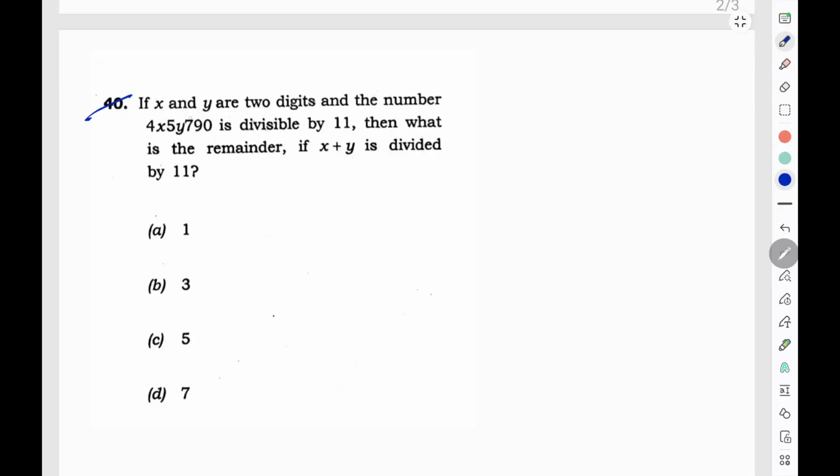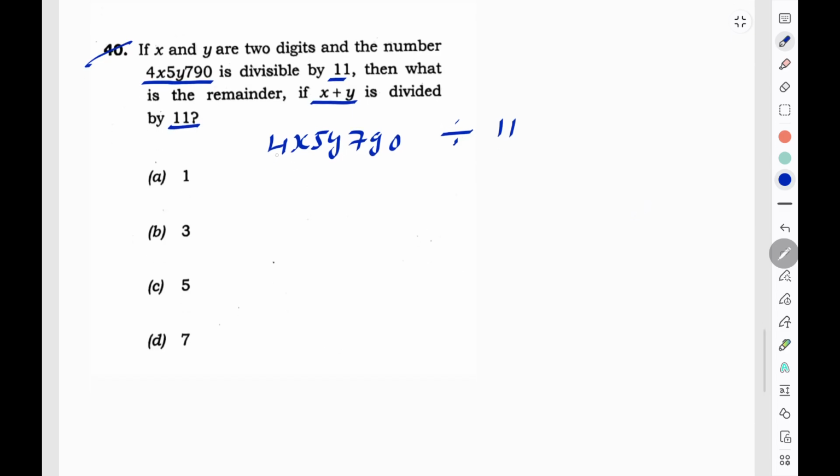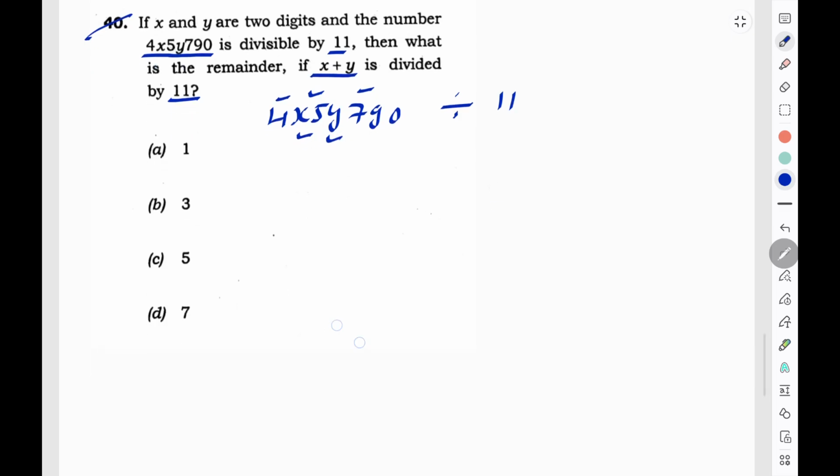Next question 40. If x and y are digits and the number 4x5y790 is divisible by 11, then what is the remainder if x plus y is divided by 11? Considering the number 4x5y790 is divisible by 11, as per the divisibility rule of 11, the sum of digits at odd positions must be equal to the sum of digits at even positions. Considering the odd positions 4, 5, 7 and 0, 4 plus 5 plus 7 plus 0 must be equal to the even positions, that is x plus y plus 9.